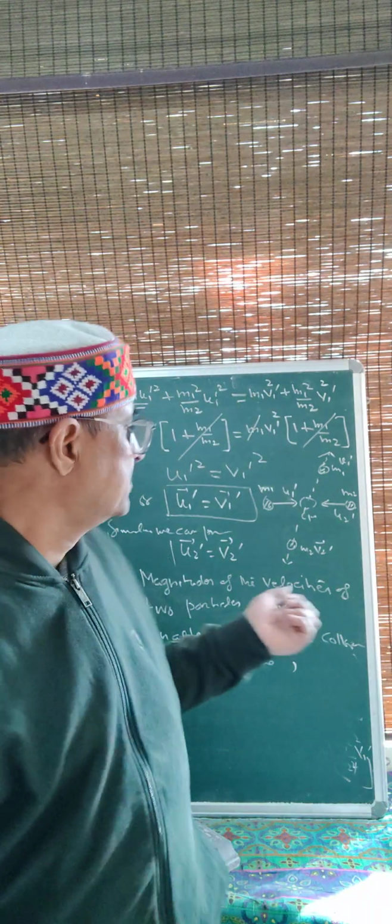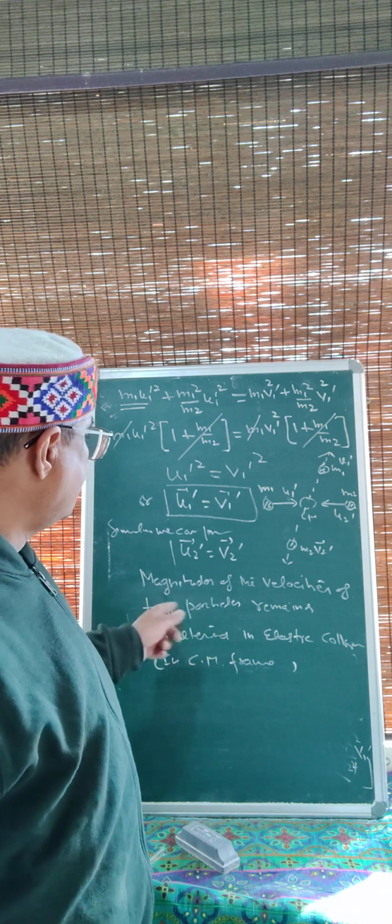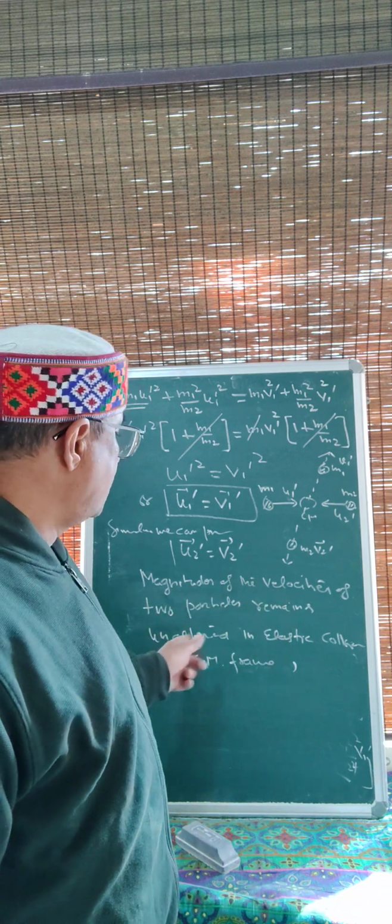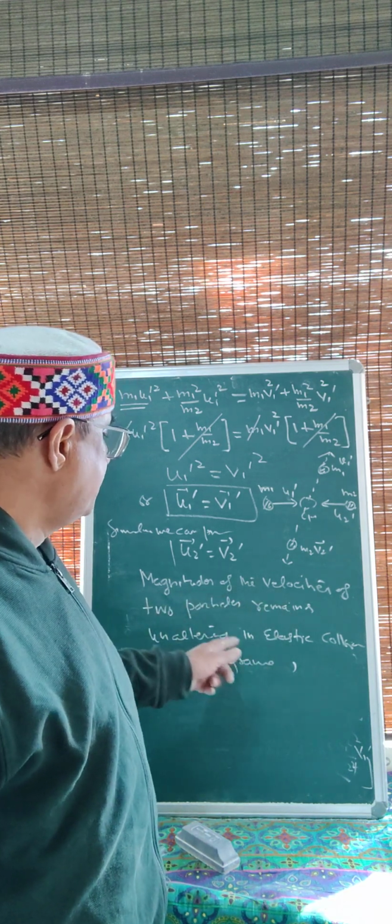This is again a very important topic, that sometimes they ask these questions and ask to prove that the magnitudes of the velocities before and after collision remain the same. That is, they are unaltered in the center of mass frame once the elastic collision is taking place. So that is the article as far as the elastic collision and center of mass frame is concerned.